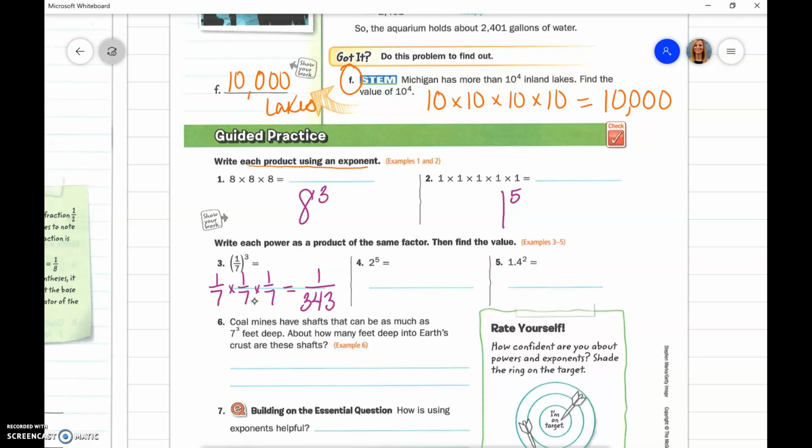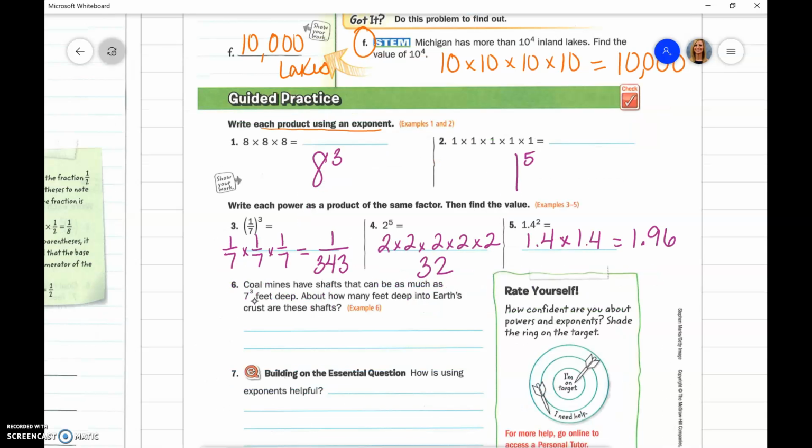All right, 2 to the 5th power is 2 times 2 times 2 times 2 times 2. And when you multiply, you get 32. And number 5, 1.4 to the second power is 1.4 times 1.4, which gives you 1.96, or 196/100.